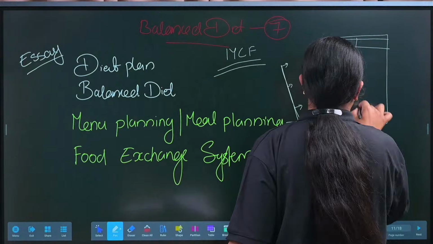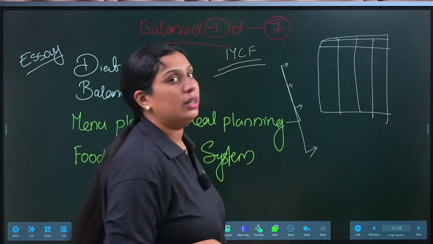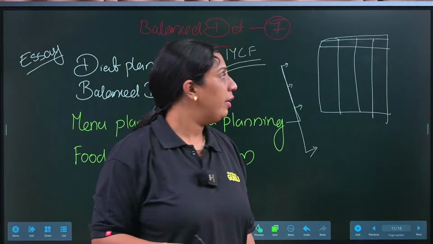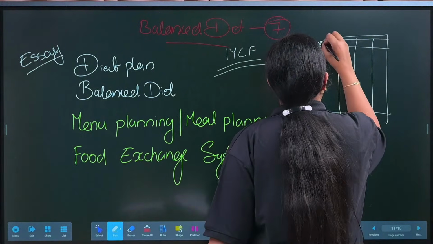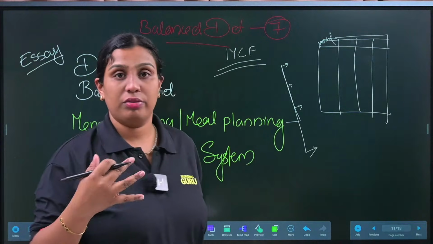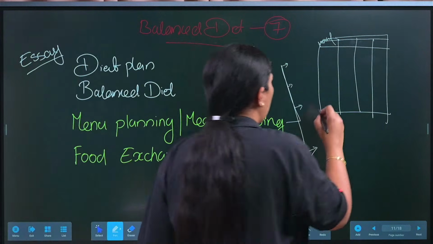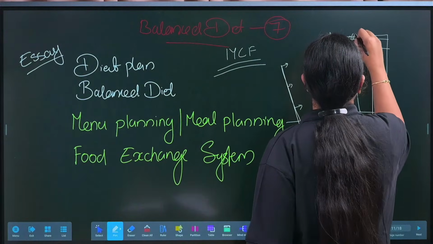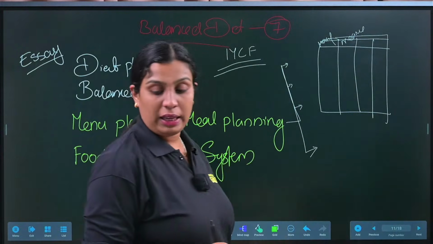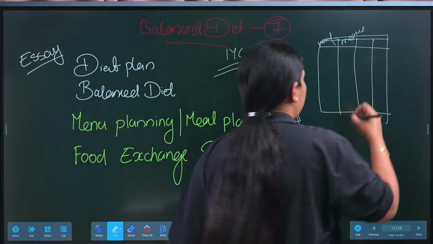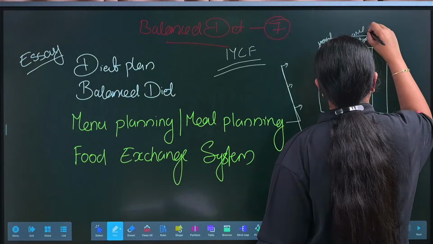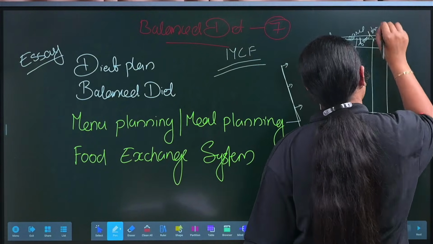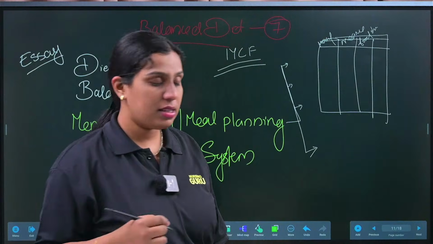Usually in India, the first is the meal time, what food we are eating. Next is the menu. Next is the food items. Clear? Last is the amount.